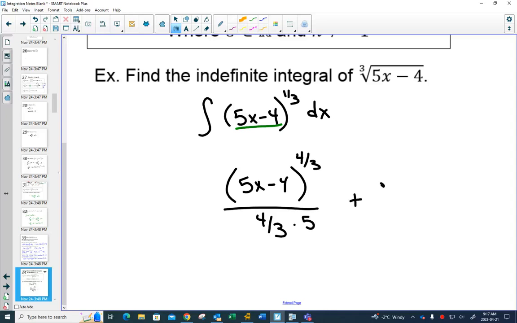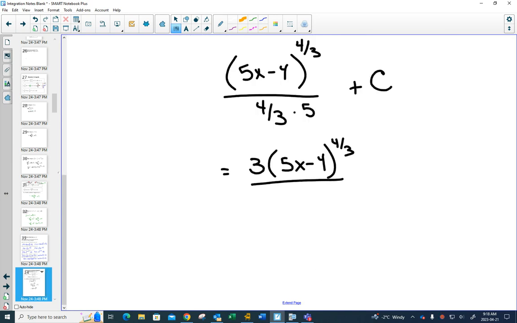And not forget the plus c. We have fractions inside of fractions, so I'm going to take this 20/3 and multiply by the reciprocal. Final answer.